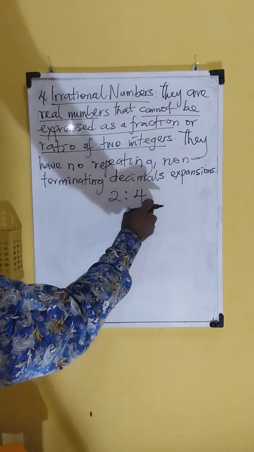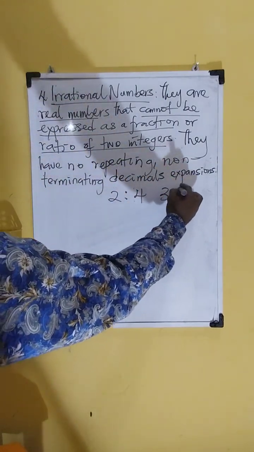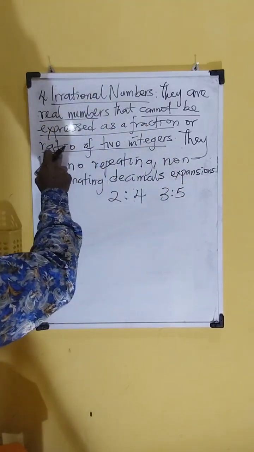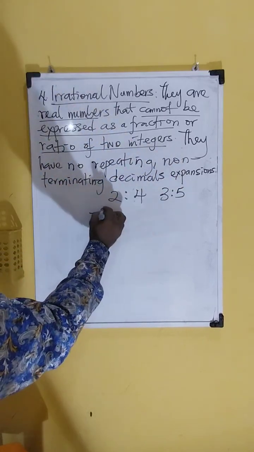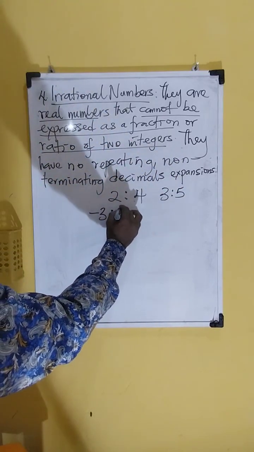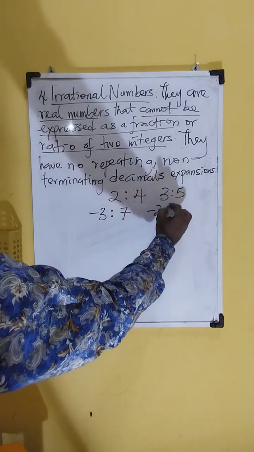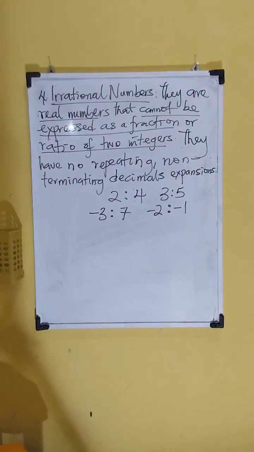Let's say 2:4. This is a ratio. This is what we call a ratio. 3:5. So irrational numbers cannot be expressed as a ratio of two integers. This is an integer, this is an integer. It cannot be expressed like this. Maybe another one, 2 ratio. Remember we said that integers can either be positive or negative. That's why you see me putting the positive, the negative there. So they cannot be expressed as a fraction.